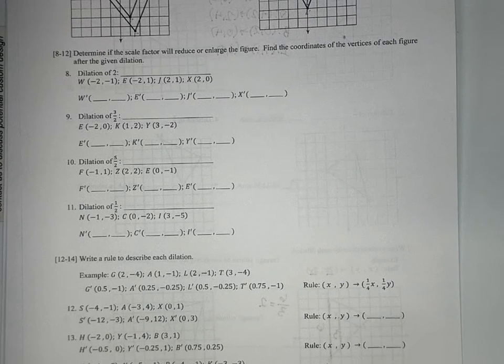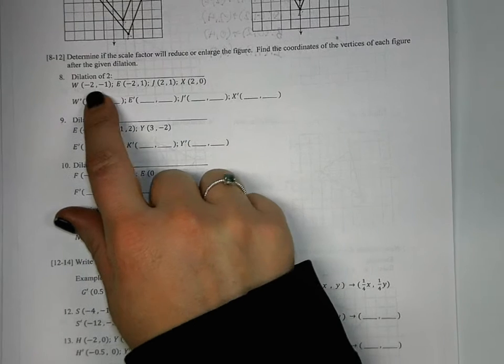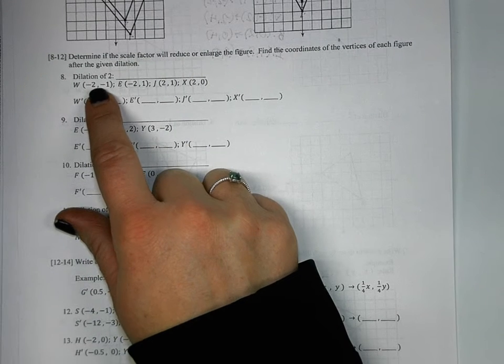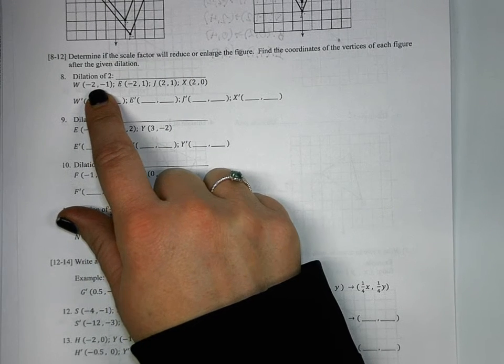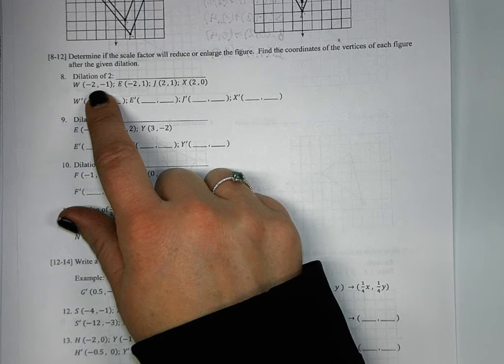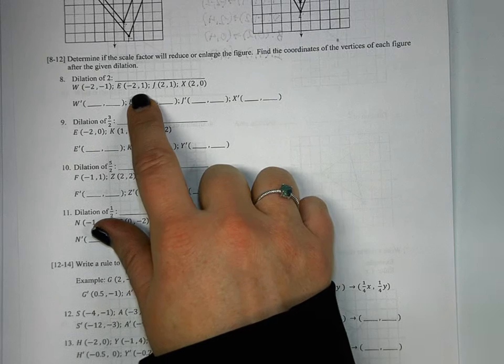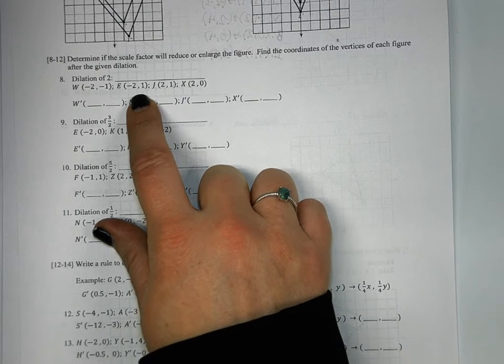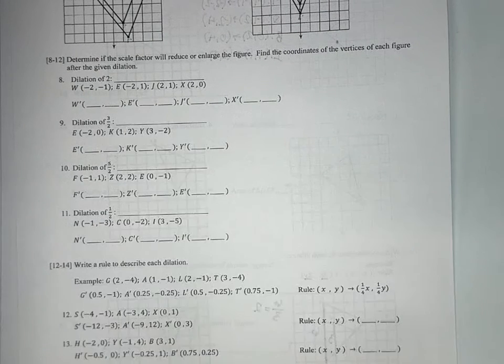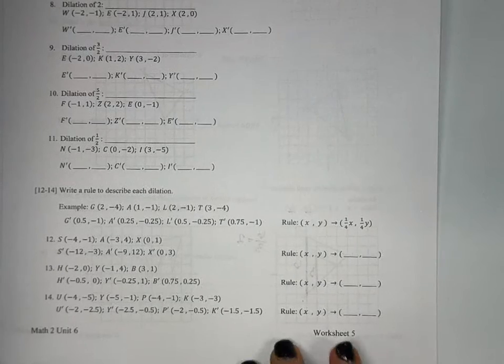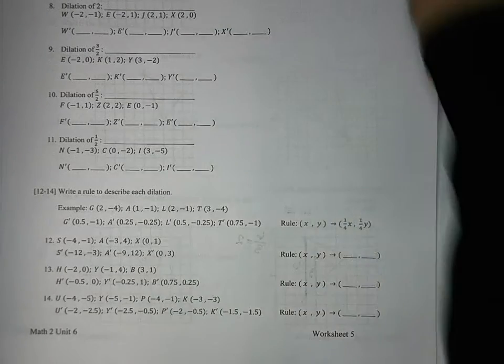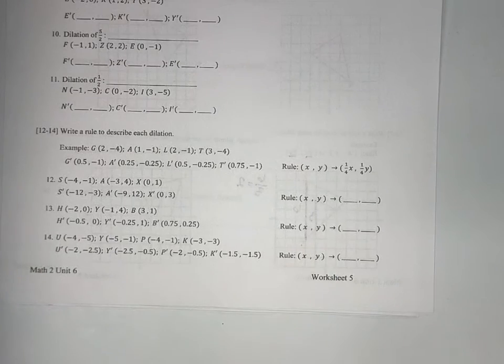So if we're dilating by 2 here, what would our new W be? (-4, -2). What would the new E be? (-4, 2). So you're doing the same thing, you just don't have to draw the picture with it, you're just doing the mapping. And then 12 to 14, without the picture, you're trying to find the rule based on the ordered pairs.